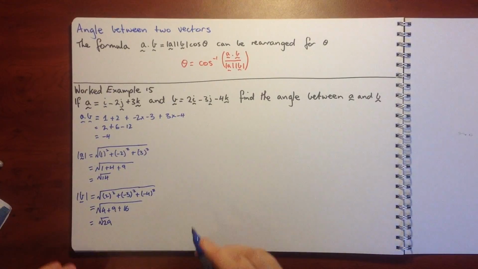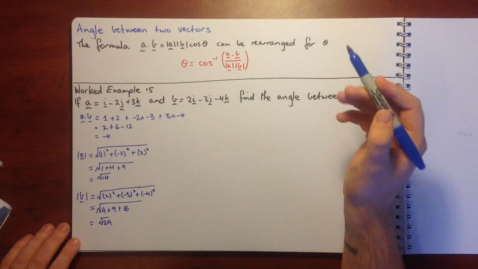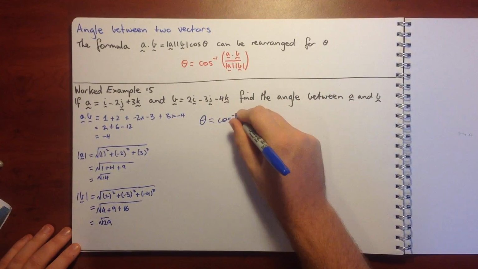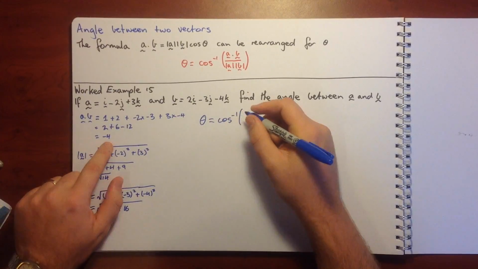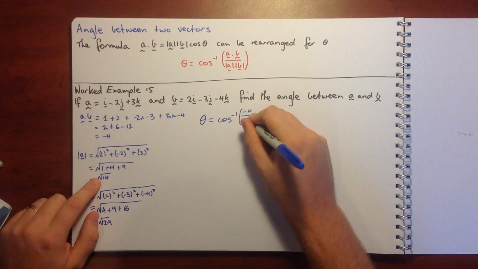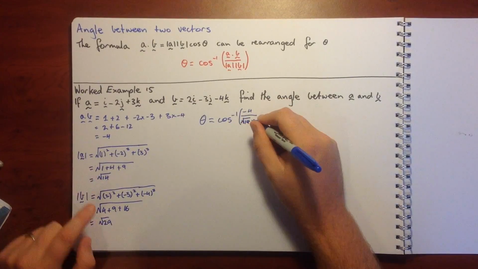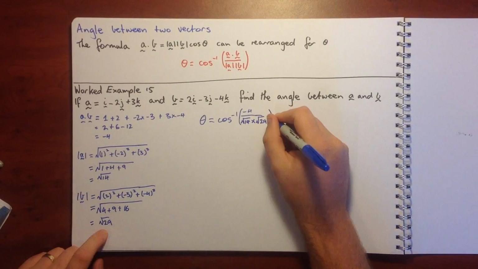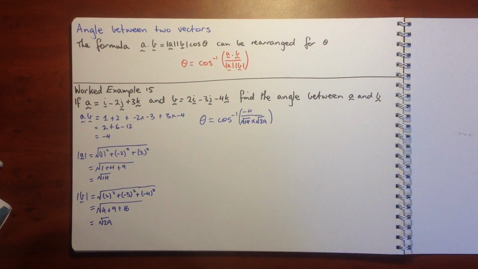Okay, so we're getting there. Now basically we've got everything we need to build up our equation. So we say, well, theta is going to equal the inverse cos of a dot b, which is minus 4, over magnitude of a, which is root 14, times magnitude of b, which is root 29.